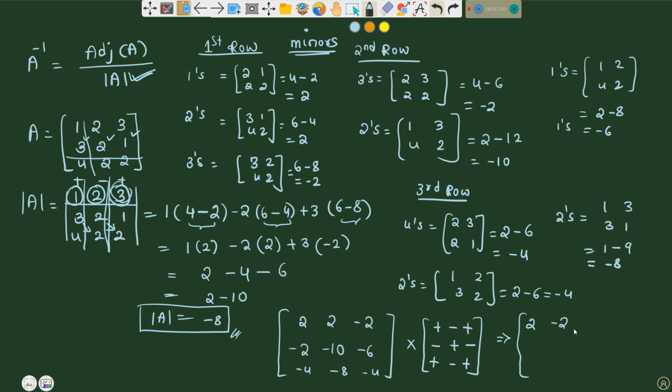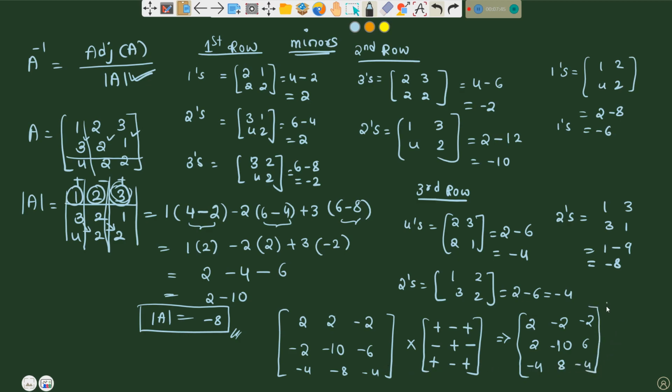Minus into plus, minus 2, correct? Minus 2 into minus, plus 2. Minus into plus, minus 10 only. Now minus into minus, plus 6, minus 4 into plus 4, it will be minus 4, minus into minus, plus 8, minus into plus, minus 4.